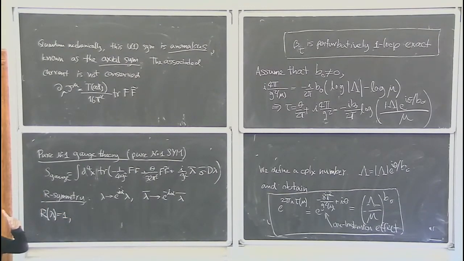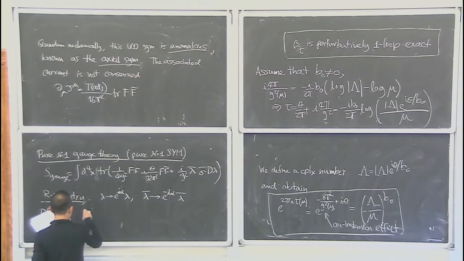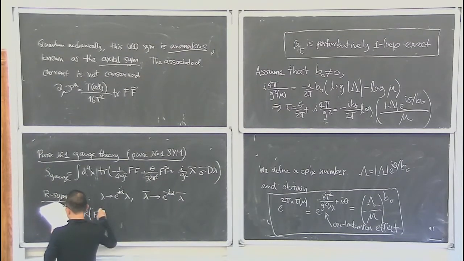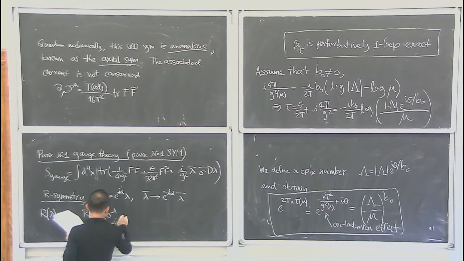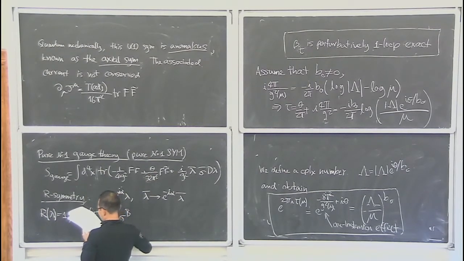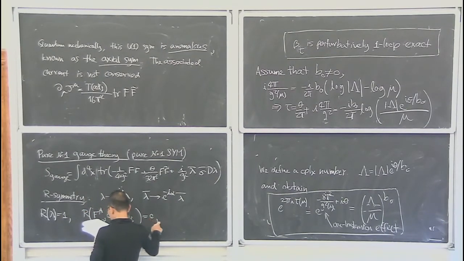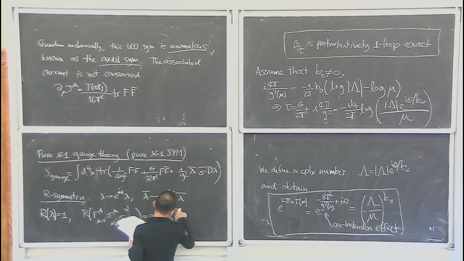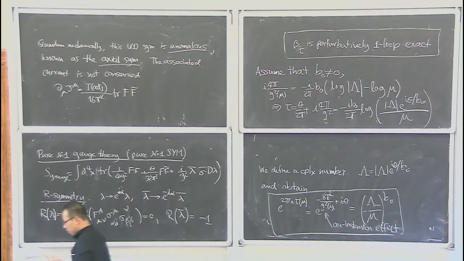If you remember, in my W, the next component is the F, contracted with sigma sigma. So the R of F_A mu nu sigma^A alpha alpha-dot, sorry, mu nu beta beta-dot, equals 0, and R of the anti one is this guy.